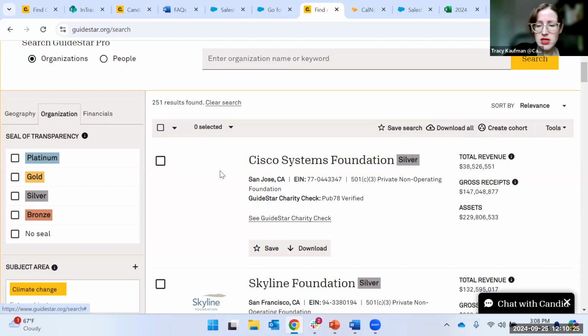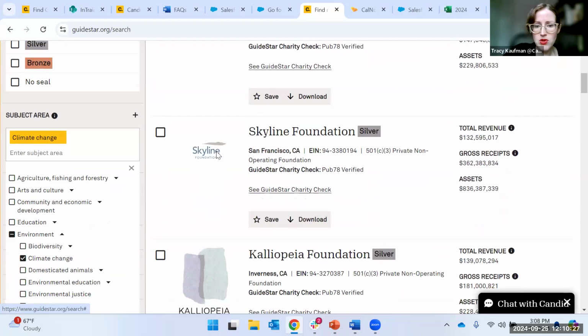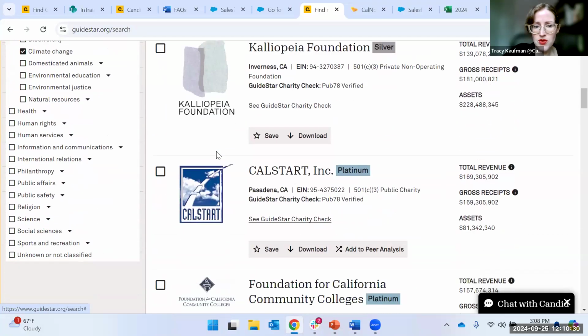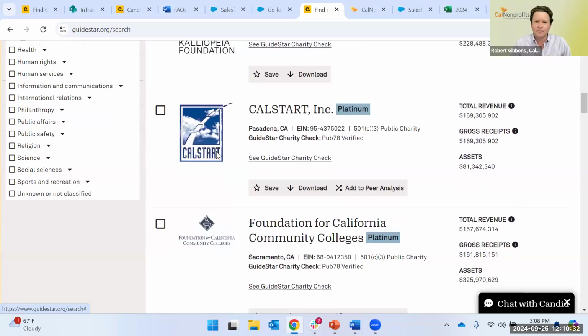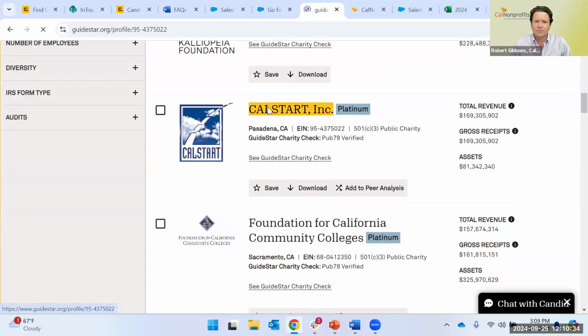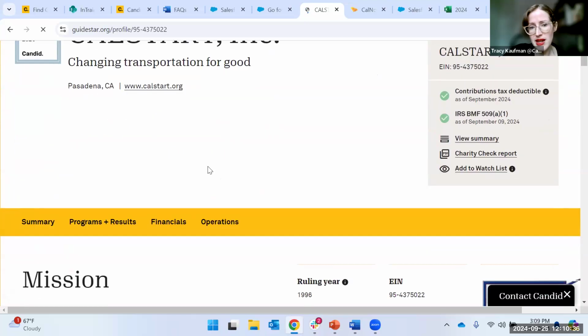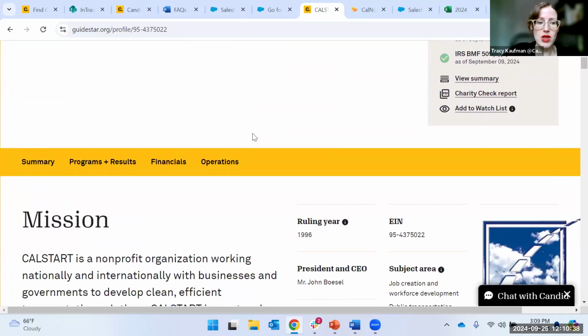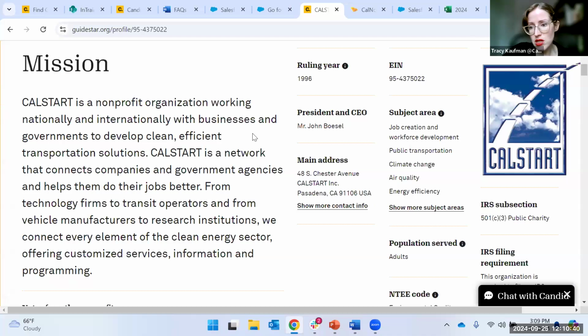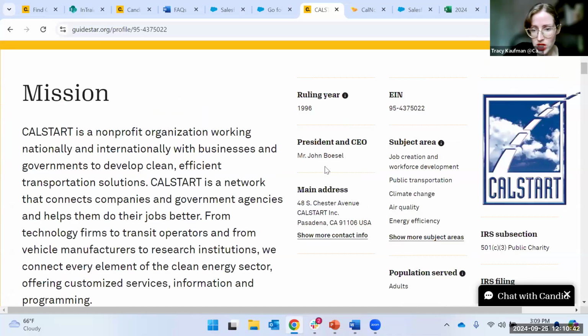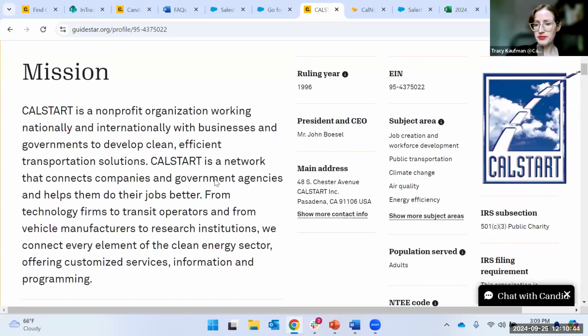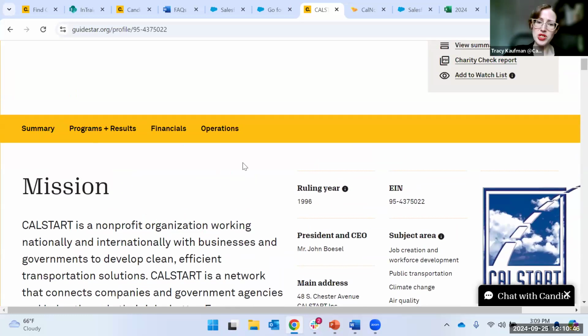But the point is, here are your peers right in front of you. And whenever you find something you like, click on them, you learn more about them, and you decide, hey, do we want to work with this organization? In what capacity? Who do we reach out to, etc.? I hope that answers the question.